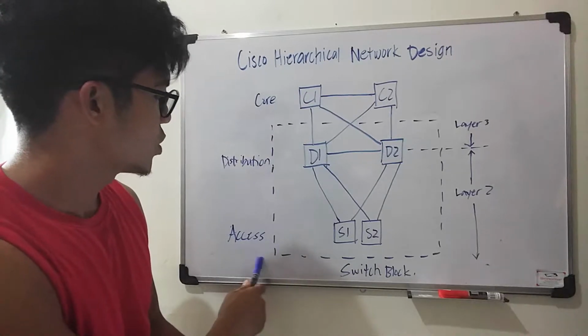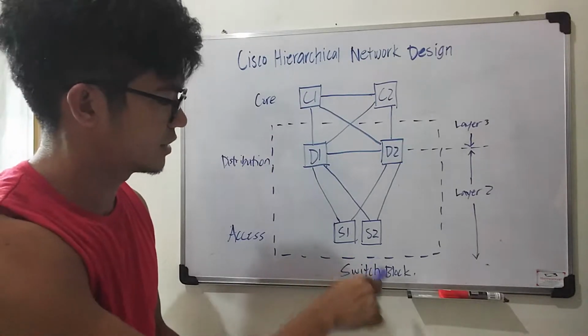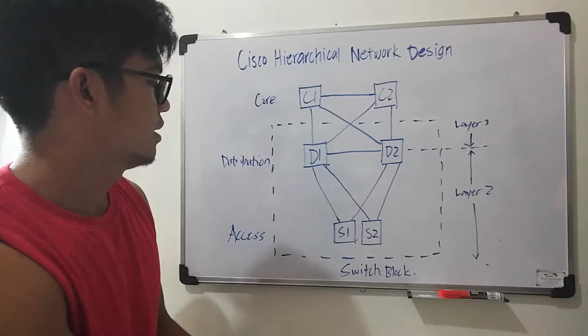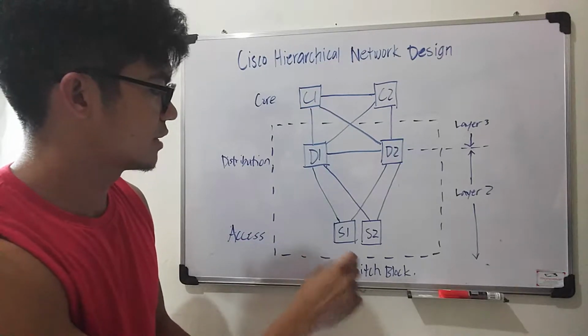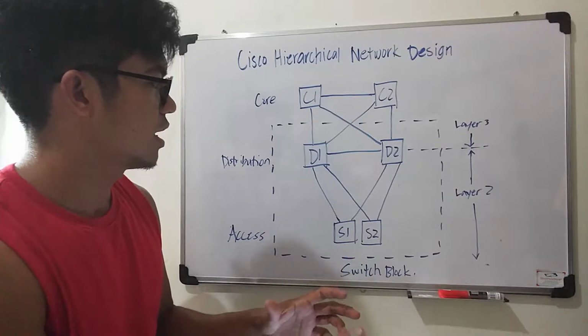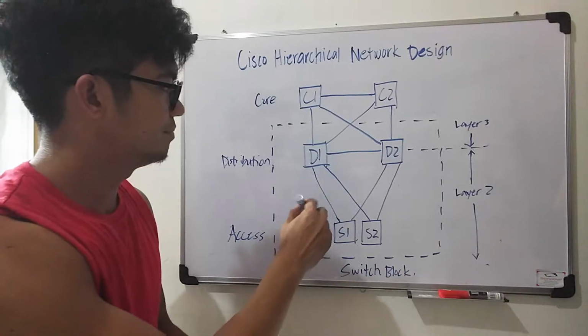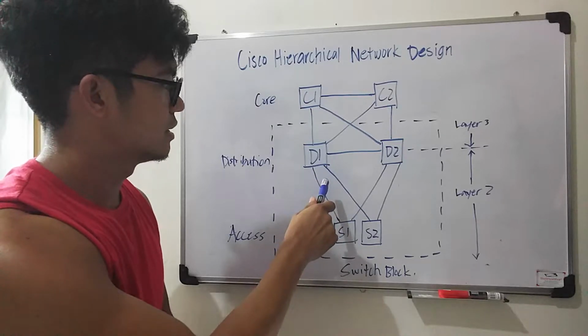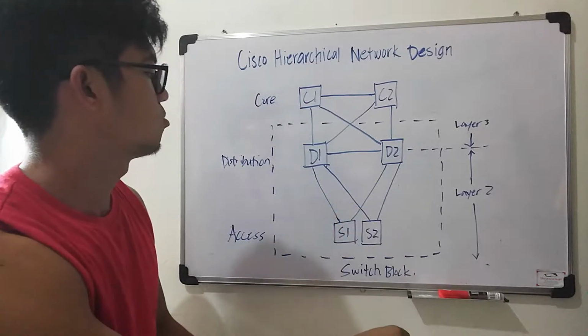Of course, in the access layer, you have your access switches, which are the ones that are connected to the end users and are also connected to the distribution switches.